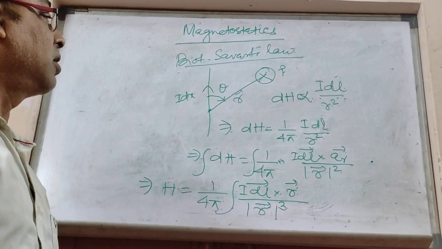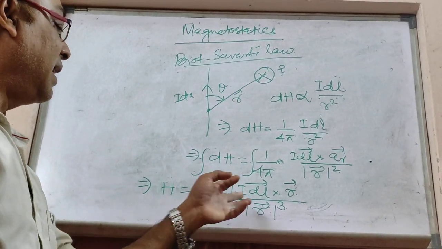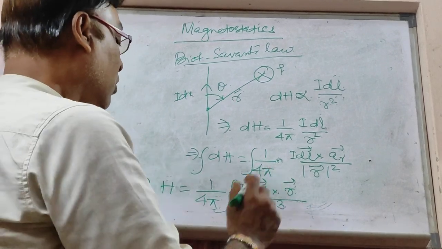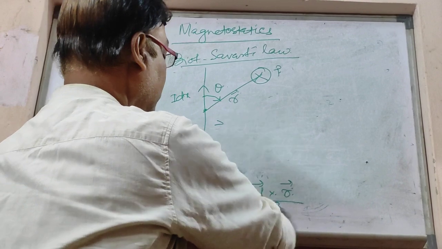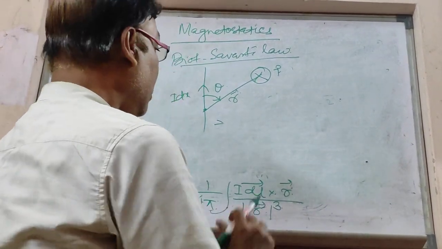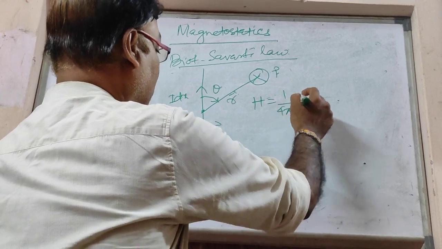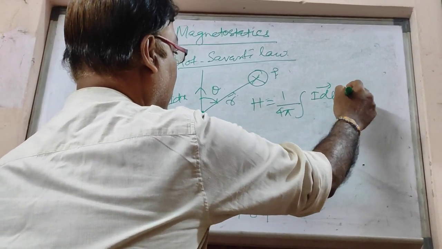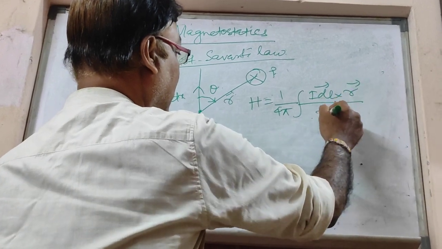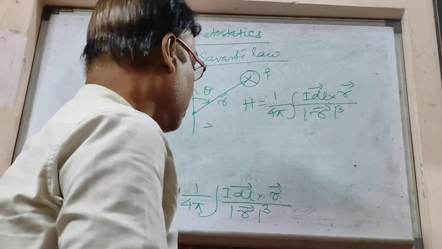That's how the direction of the magnetic field intensity is found. So H is equal to 1 by 4 pi integral of Idl cross R divided by R vector magnitude cube.